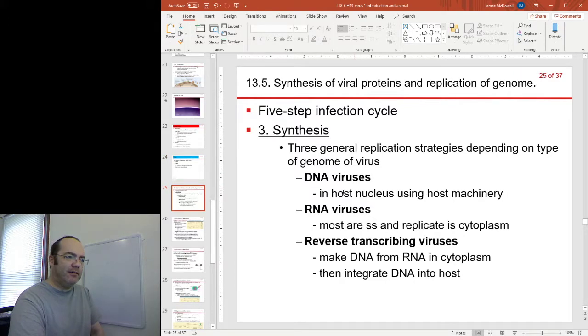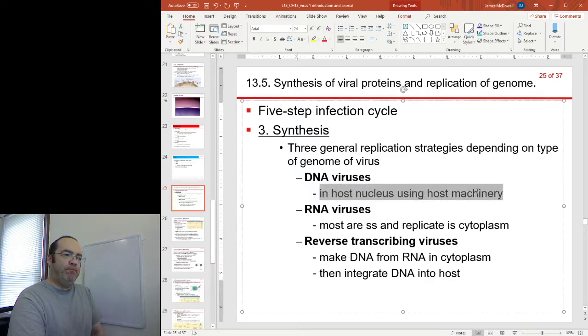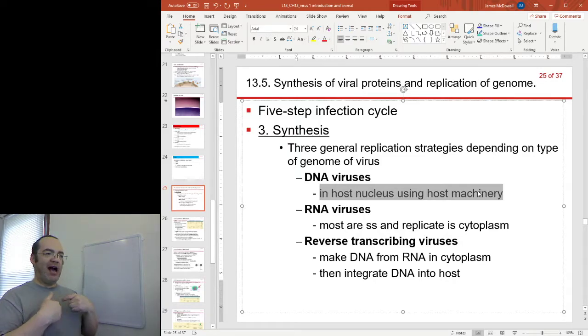DNA viruses, they replicate using the host cell machinery. Cells themselves are based upon DNA, so it's kind of an easy job for DNA viruses because all of our machines, our ribosomes and our RNA polymerase, are all built around handling DNA.